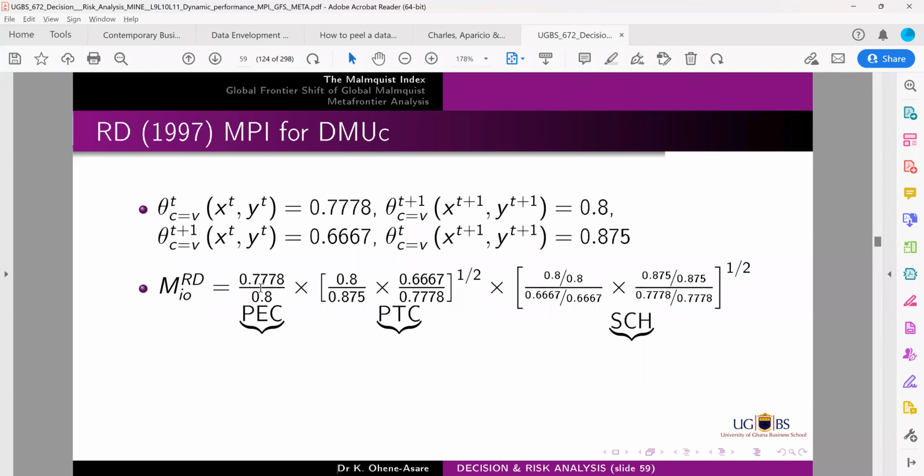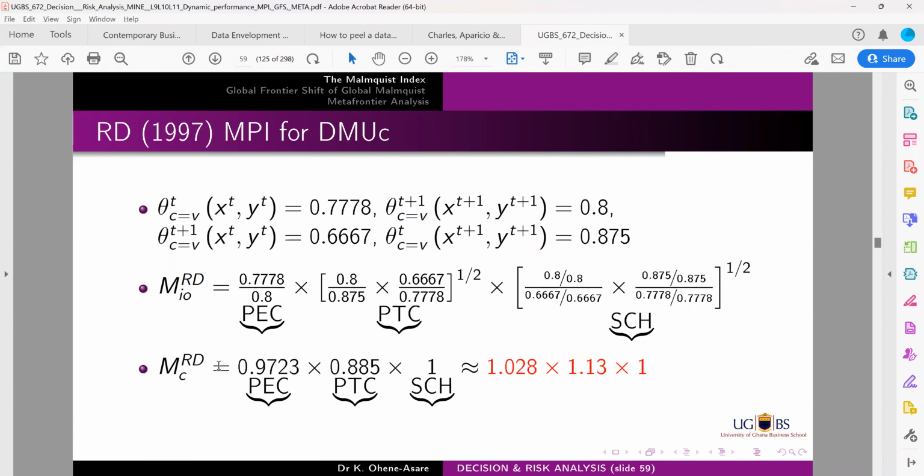Okay, so let's substitute them and find the Ray and Desli decomposition result. When you do all of this, you're going to get this result. Again, you get 3 different results, and in this case, the scale change also happens to be the same as the Färe-Grosskopf-Norris-Zhang decomposition. Now, if some of the answers here are the same as the one before, it's simply because we were dealing with a simple data set where the VRS score is the same as the CRS score.